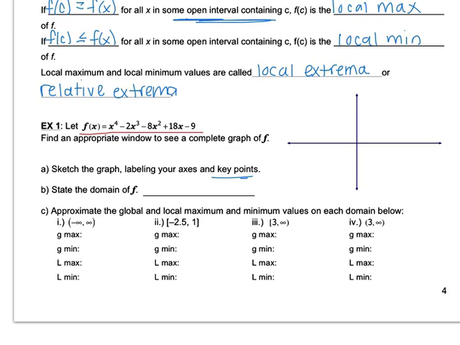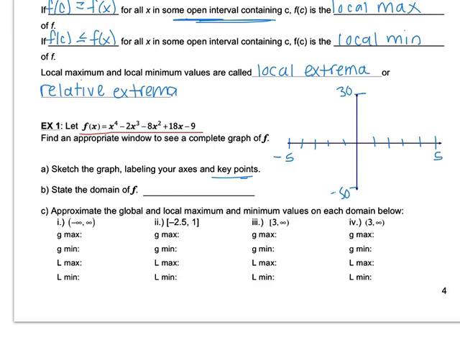So we scaled ours out from 0 to 5, and the other way. And then we went up to 30 up here, negative 50 down here.